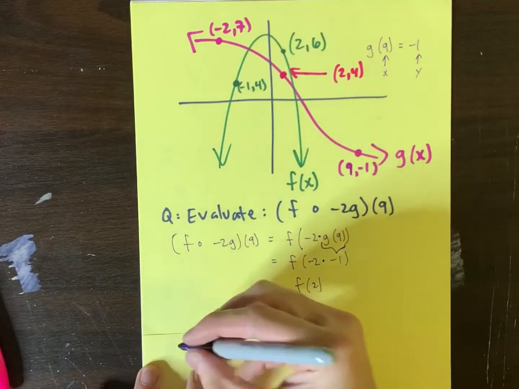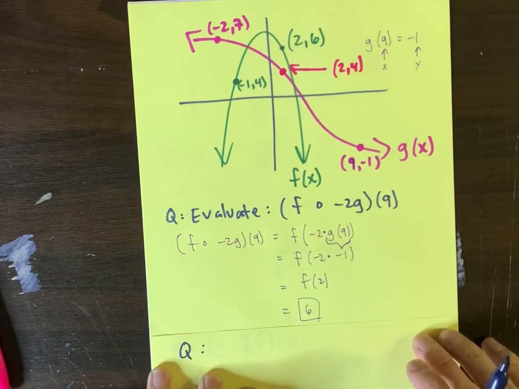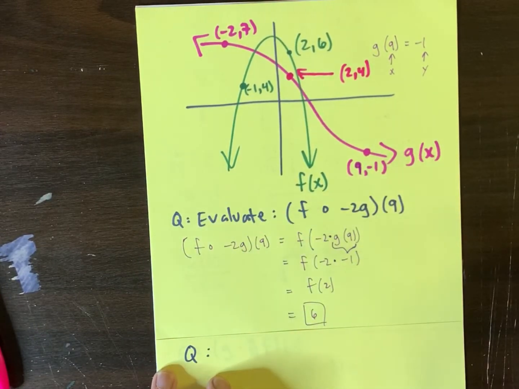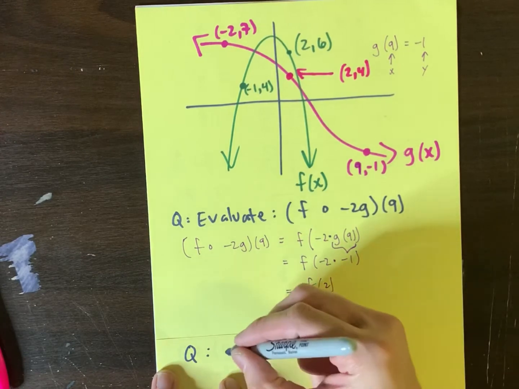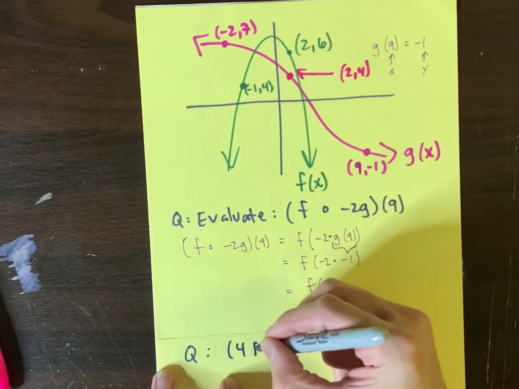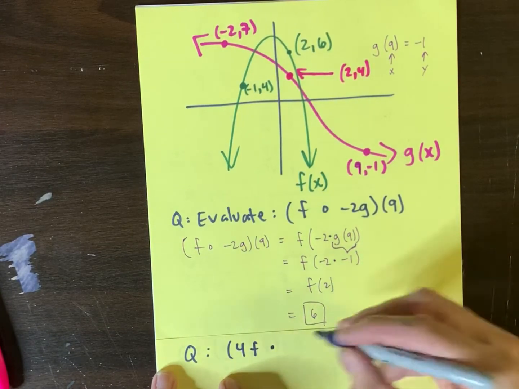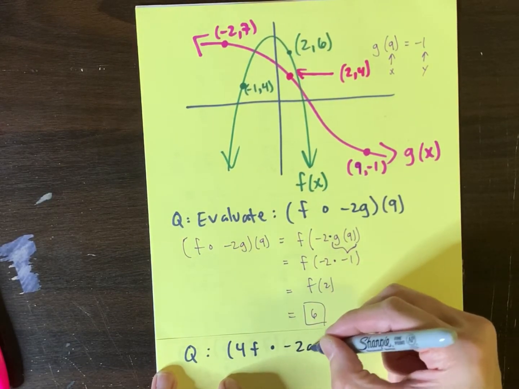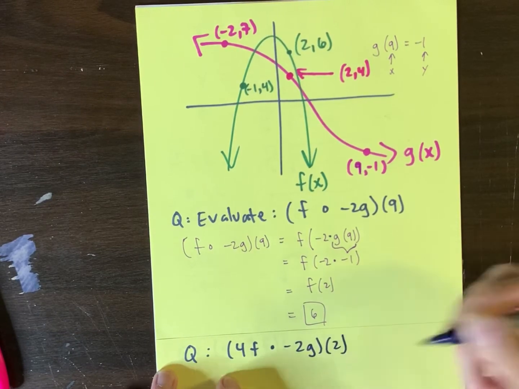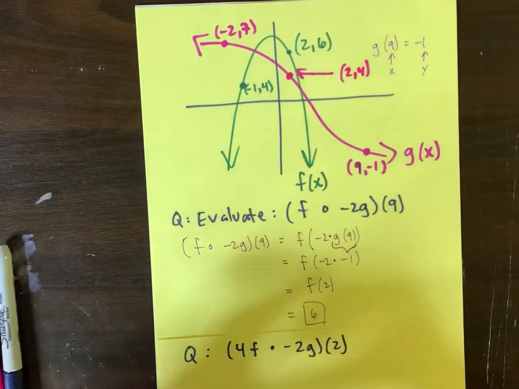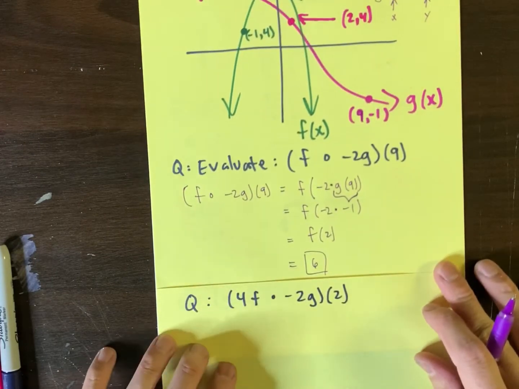So let's try one more problem here. Let me throw another bonus problem at you. The same goal is to evaluate. What about something like, let's say, 4f dot negative 2g at 2, something like that. So right away, let me rewrite this. I like to rewrite problems.